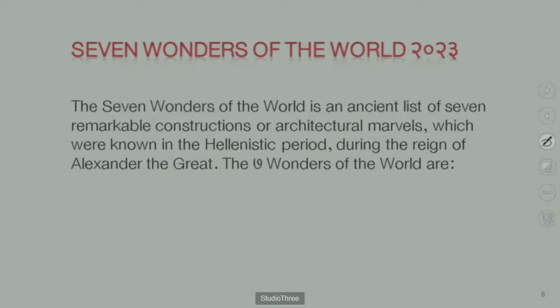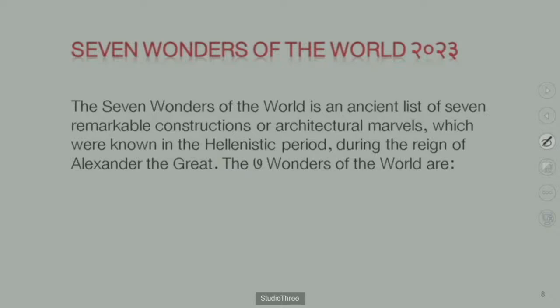It is legacy for all the human beings, those who are existing in today's life. Actually, these architectural marvels were known in the history as Hellenistic parade during the reign of Alexander the Great, the emperor who developed these things.